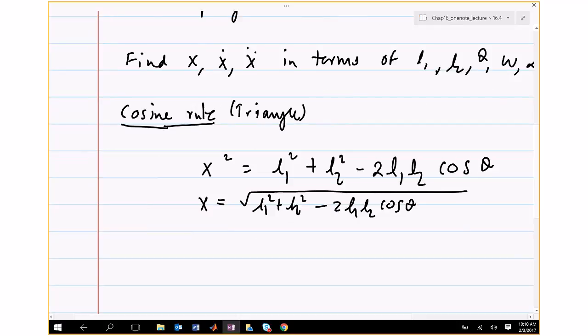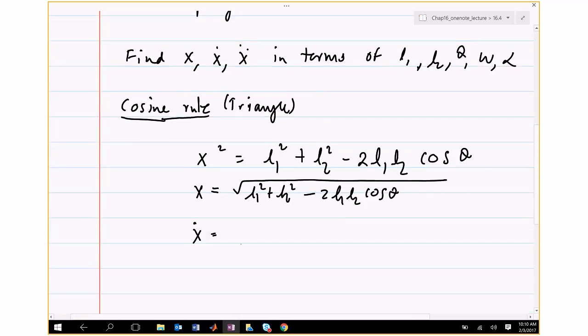So if that's x, then that was one of the things which you asked. Now, can you find x dot? Well, it's as simple as taking the derivative of x. So x dot is going to be the derivative of this thing. So I need to write L1 square plus L2 square minus 2L1 L2 cosine theta, raised to the half. I'm using the formula: derivative of x raised to n is n times x to the n minus 1.